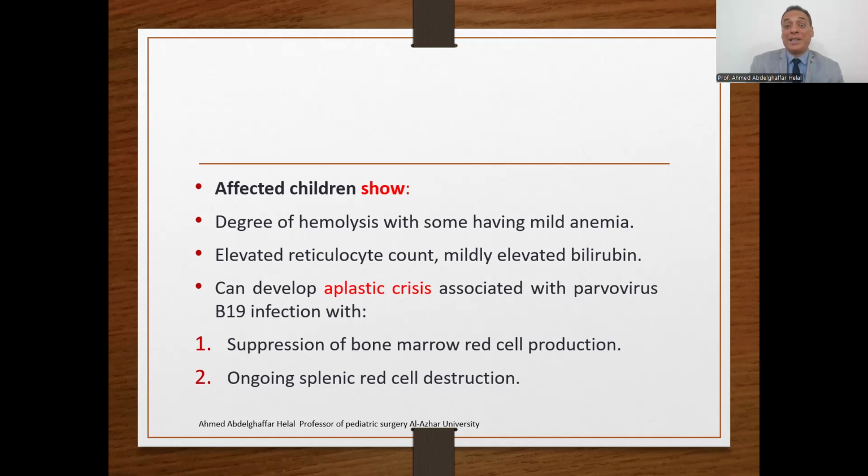Elevated reticulocytes and elevated bilirubin result from the destruction, and the bone marrow tries to increase its work. Some children can develop what's called aplastic crisis, especially with parvovirus infection. There is suppression of bone marrow red cell production, while there is ongoing splenic red cell destruction. So imagine destruction in the spleen and the stoppage of production of the RBCs.